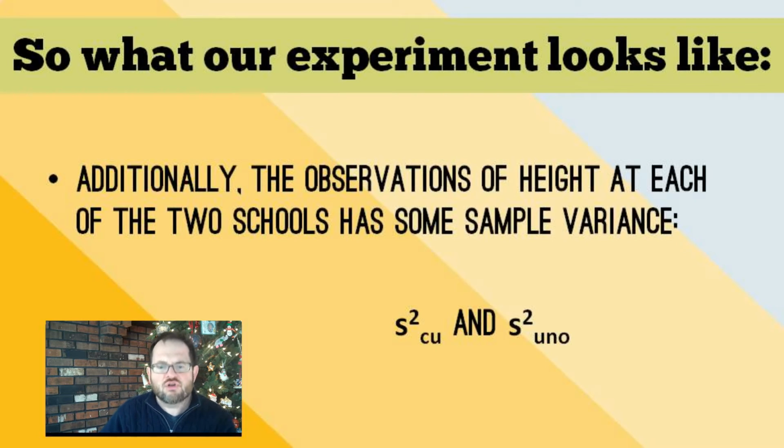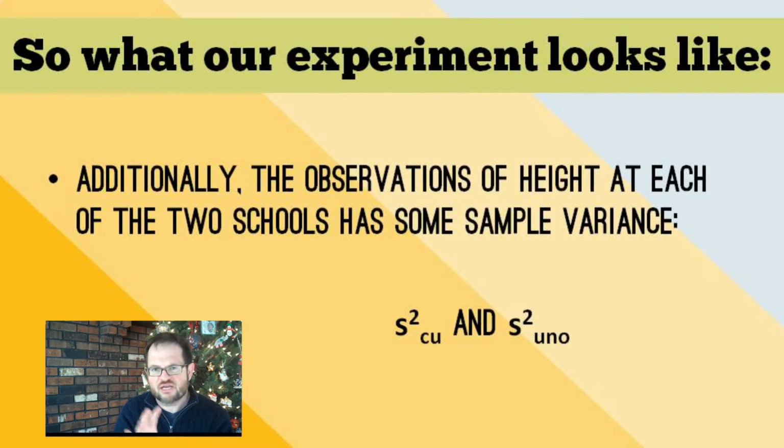It turns out that a good measure to use is the sample variance, which we remember from the descriptive statistics chapter was S squared. I don't feel like putting those equations in right now, but you could go back and look at the sample variance equation. You could compute the sample variance for UNO students, call that S squared UNO, and you could compute the sample variance of the Creighton students and call that S squared CU.